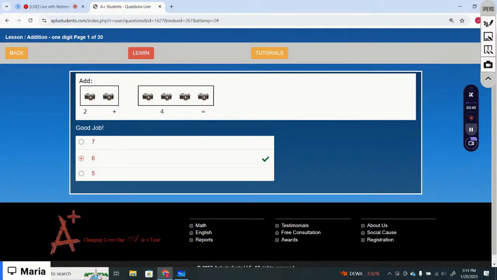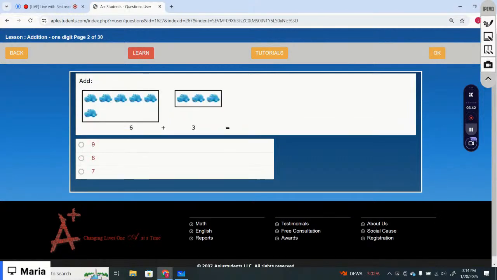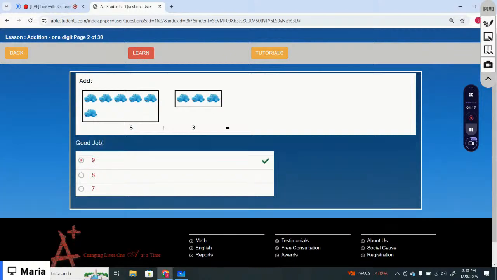Option number 2 is the correct option. 6 plus 3, which is the correct option? That is 9. The correct option is 9. Option number 1 is the correct option.